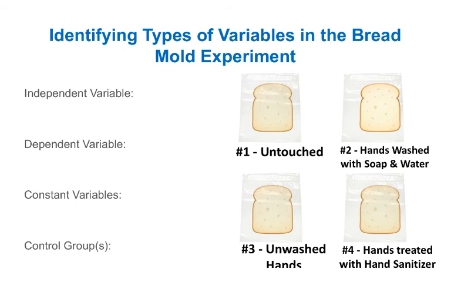So in our bread mold experiment, where we're trying to see how effective hand washing and hand sanitizing is on the growth of mold, which we think could replicate the growth of bacteria and viruses, we would, in theory, have 4 groups. 1 slice of bread that's untouched, 1 slice of bread where the hands were washed with soap and water, 1 slice of bread where the hands were unwashed, and 1 slice of bread where the hands were treated with hand sanitizer.